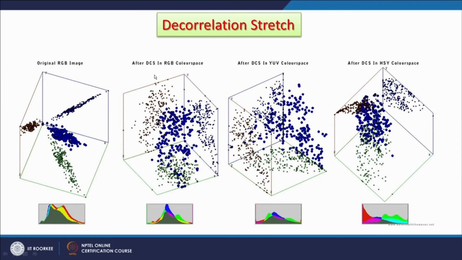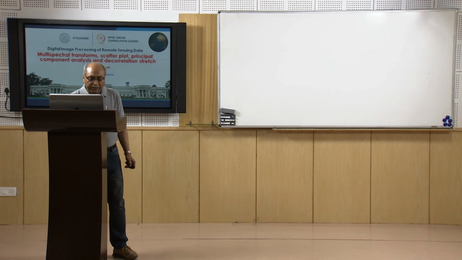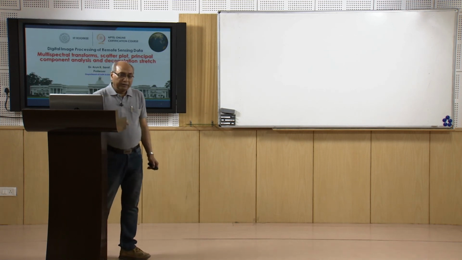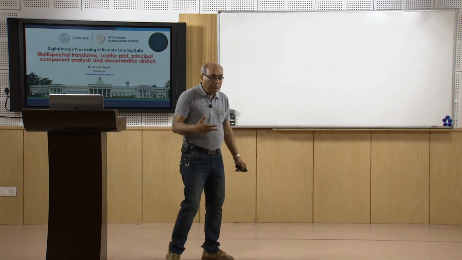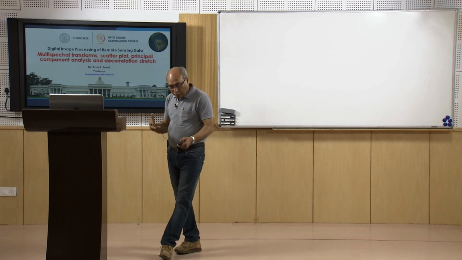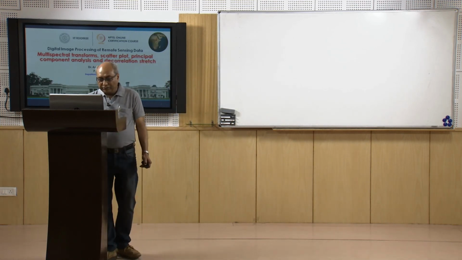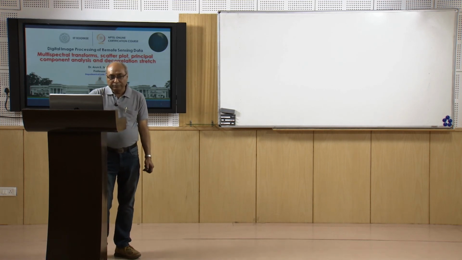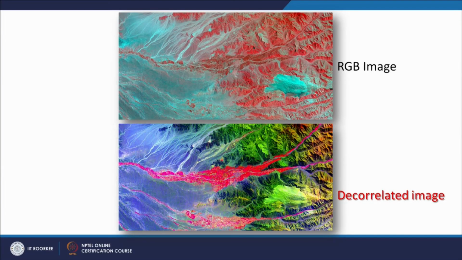So decorrelation stretch in RGB combinations many times will give you much better results, with fully colored images. An example here: this is a simple RGB image, but when we did the principal components and then the decorrelation of the different components, and then made a color composite, this is what the result is.